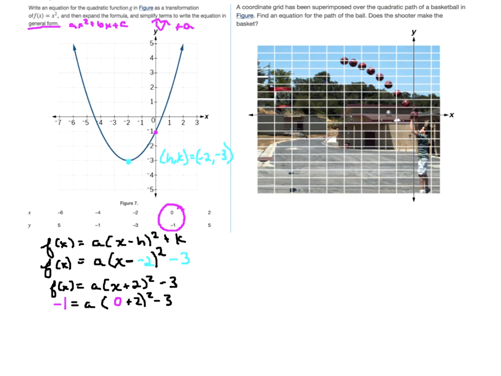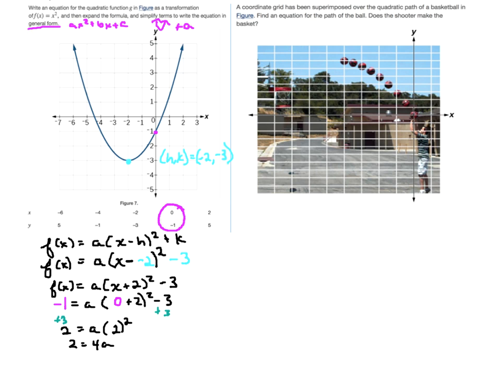So now I'm just going to start unpacking everything around the a. So I'm going to isolate the a variable to know what the stretch factor is. Okay, so I will add 3 to both sides. Hopefully I won't run out of room here. I'm pushing it. Okay, so that's 2 equals a times, well, 0 plus 2 is just 2 squared.